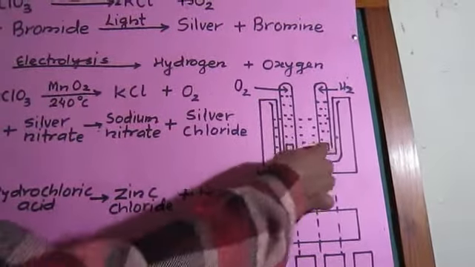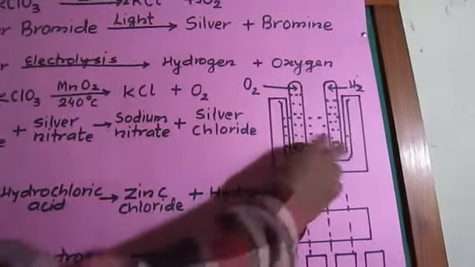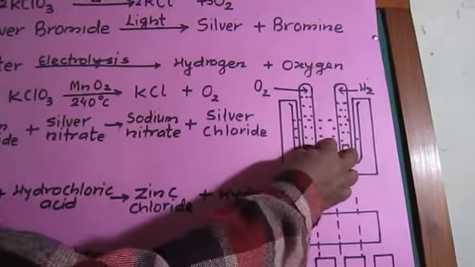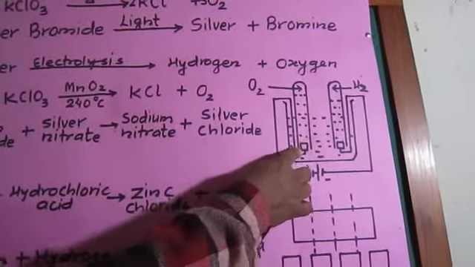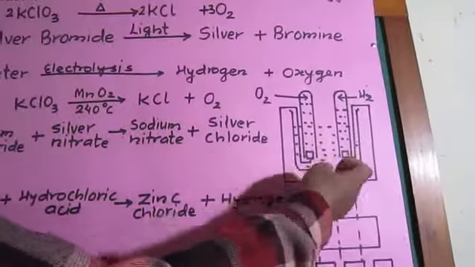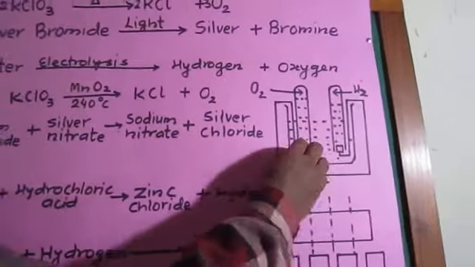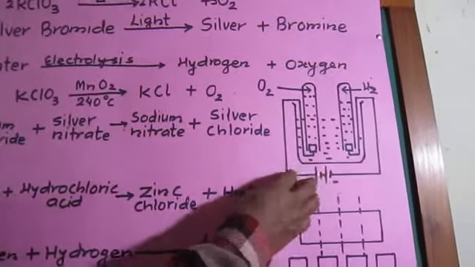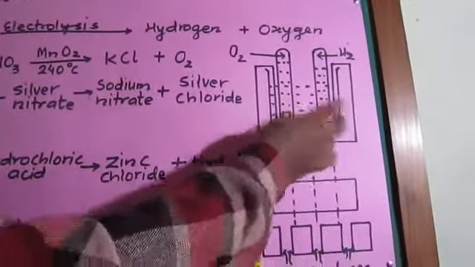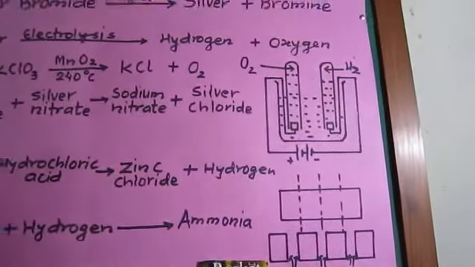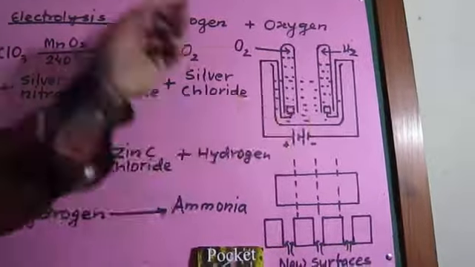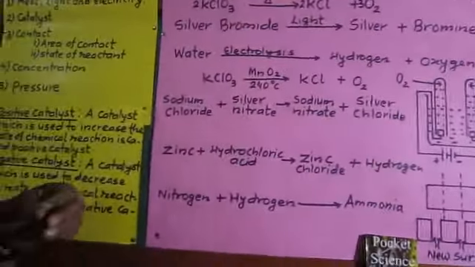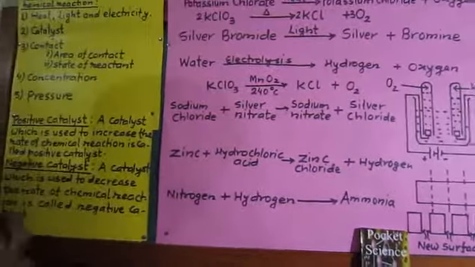Now because of these two poles, positive and negative, the anode attracts anions and the cathode attracts cations, and because of this attraction force, the water decomposes into hydrogen and oxygen gas. Thus, electricity is one of the factors which affects the chemical reaction.